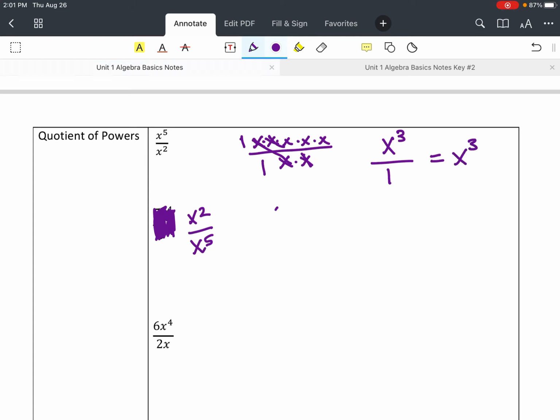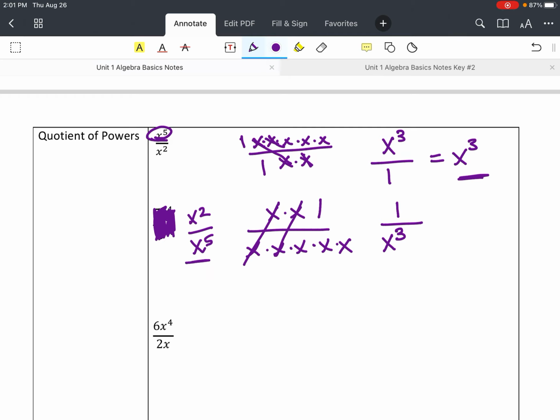In the next example I have here, we have x squared in the numerator and x to the 5th in the denominator. I'm going to follow the same process as before by crossing out the x's and canceling them to 1. On the top this time we have 1, and in the denominator we have x to the 3rd. So I'd like you to notice that when the x's have a bigger exponent in the numerator, our answer has the variable in the numerator.